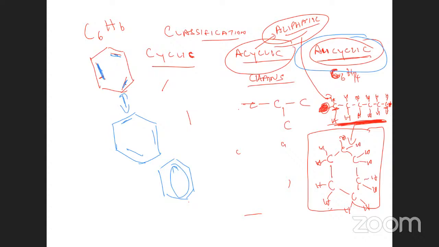All right. So let us clear this again and say the classification. Hydrocarbons: aliphatic, I explained them now, aliphatic, alicyclic, and aromatic.